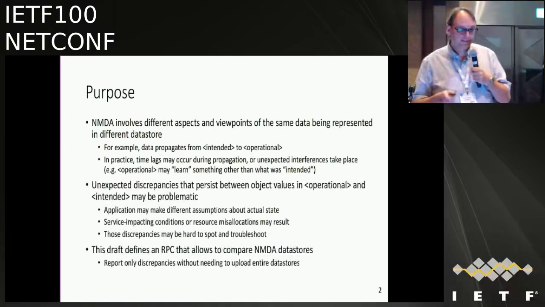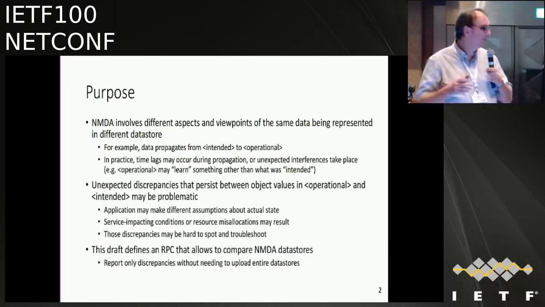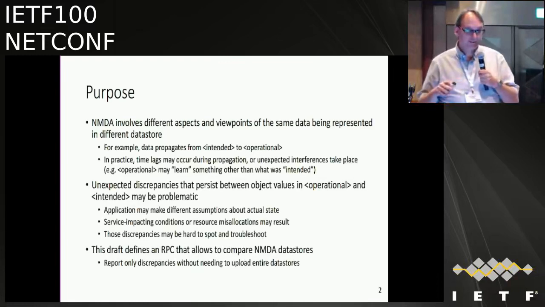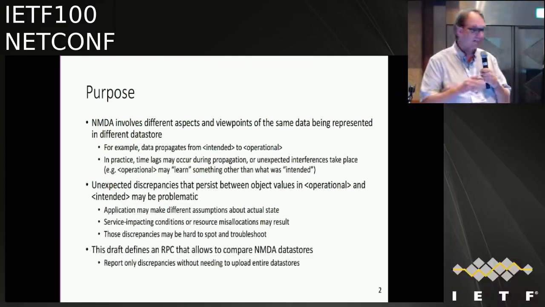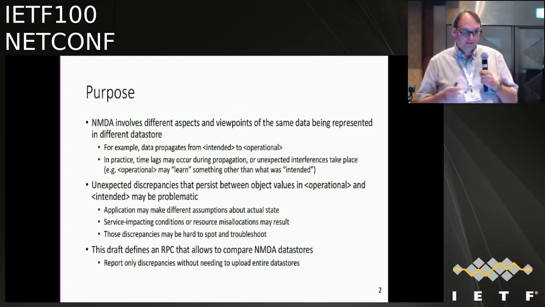Basically, the issue is that within NMDA, the same data can be represented across different data stores. The question is, what happens if there are unexpected discrepancies that persist between object values, for instance, in the operational and intended?